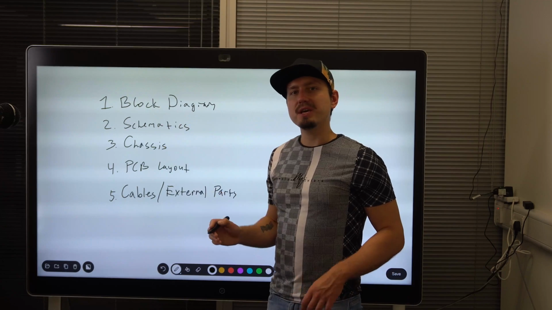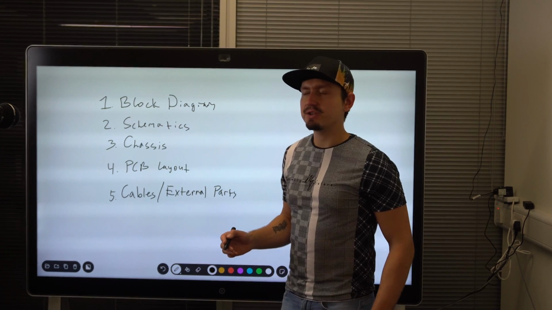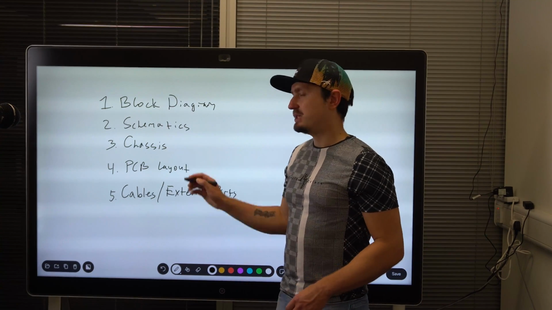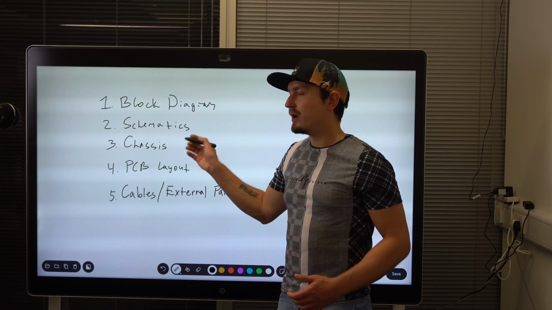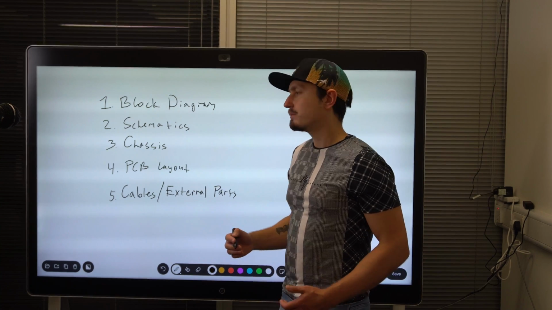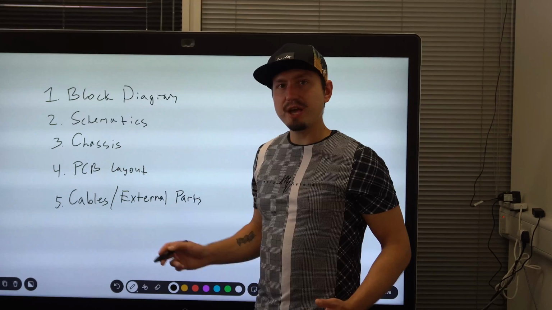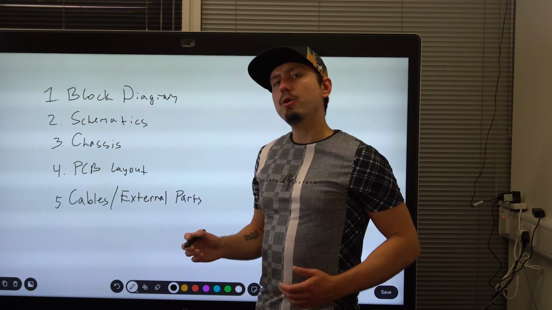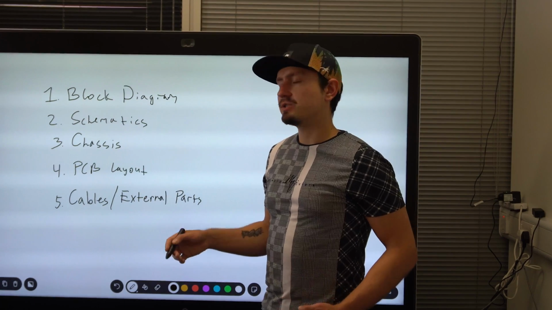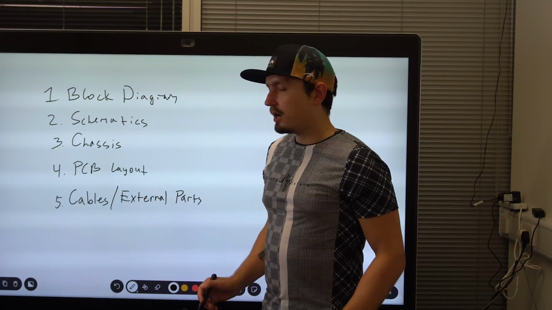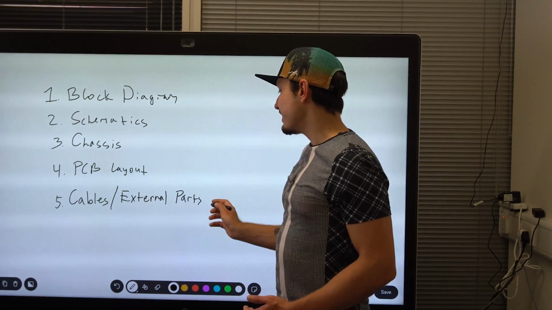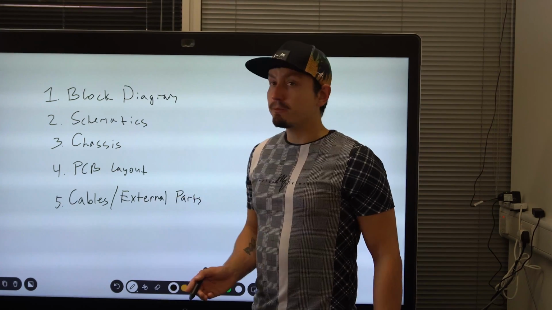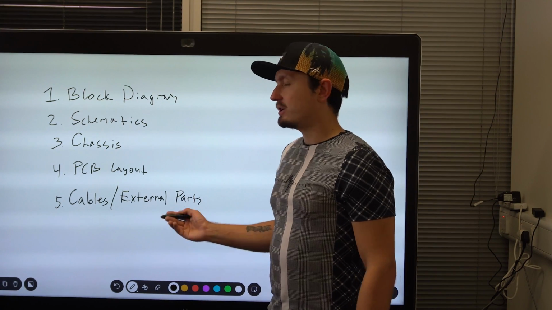The third step is identifying chassis connections and making sure that we have only one direct connection from the PCB to chassis, and we define the exact location of this point on the schematic. After all this, the fourth step is the PCB layout itself, where I apply all the best design practices I just described. And finally, I check for cables or any other external parts that could be related to my product and which can still fail the radiated emissions test.